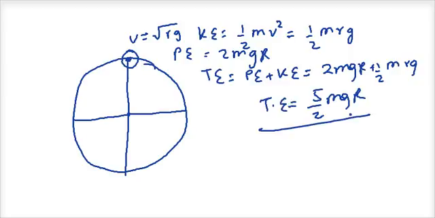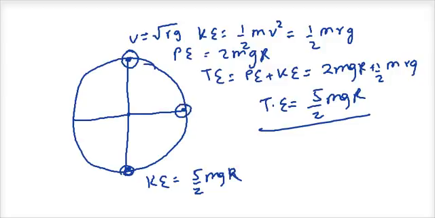That means that only if the body has a total energy equal to 5 by 2 mgr will the body reach the maximum height. That means here, when we are saying kinetic energy, the kinetic energy should also be equal to 5 by 2 mgr. Only then will the body reach here.